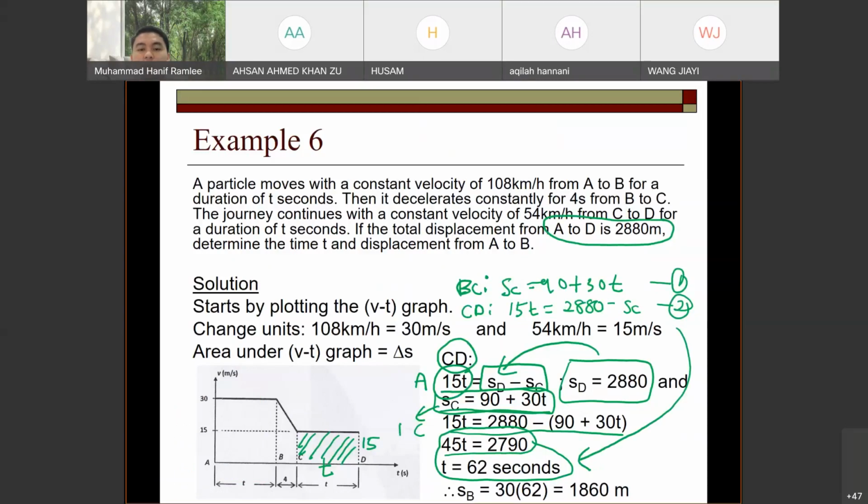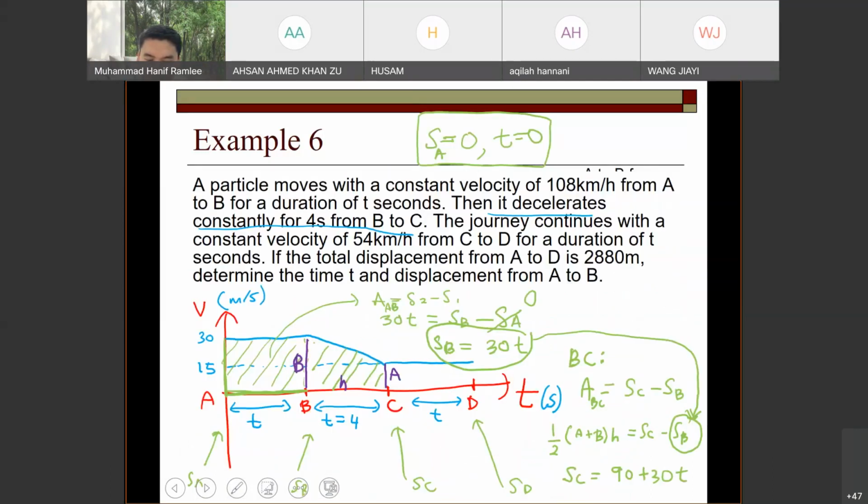You will get T equal to 62 seconds. And then you substitute T into the other equation, the first equation here, T equal to the value, you will get the SB value.